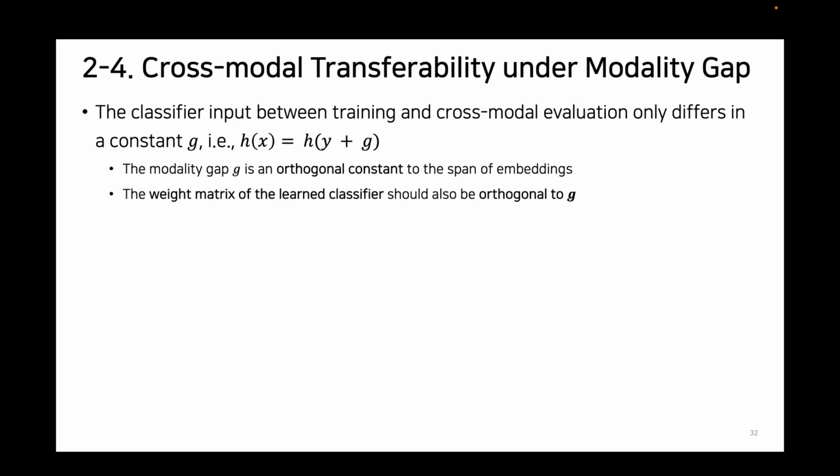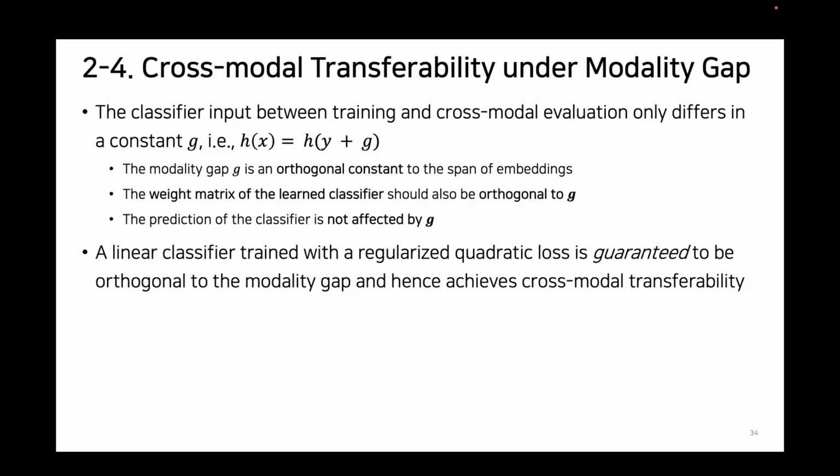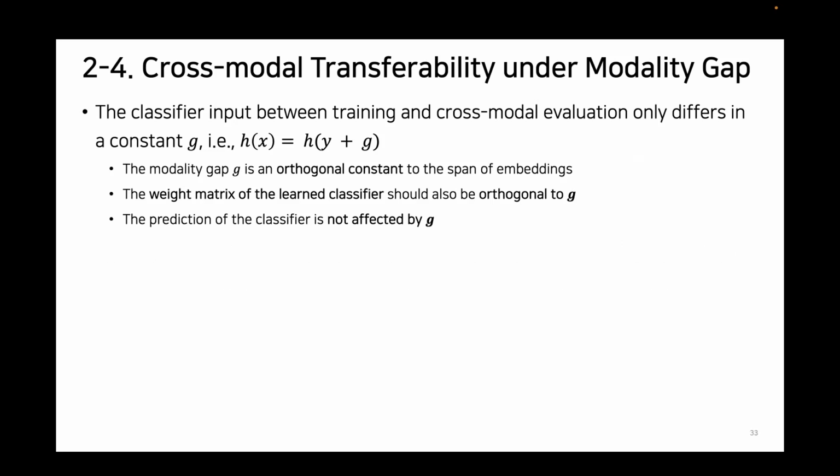It is also orthogonal to the G. So the prediction of the classifier is not affected by G. So based on this process, we can check the cross-modal transferability of the classifier.